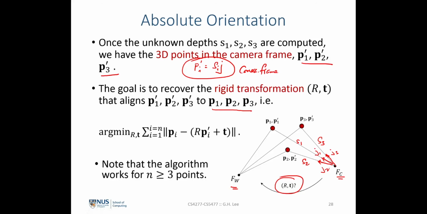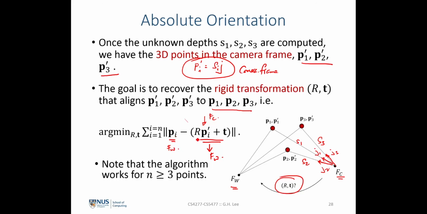This problem can be formulated into an optimization problem given by this cost function over here, where we want to transform the Pi prime, which was represented in the camera frame. We are simply transforming P prime from FC into the world frame, and after the transformation, we want it to match up with the original 3D points that were given in the world frame.